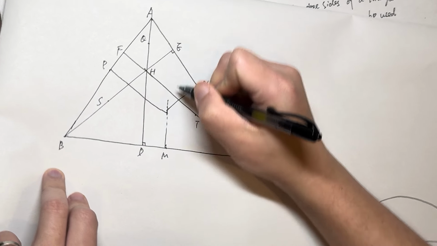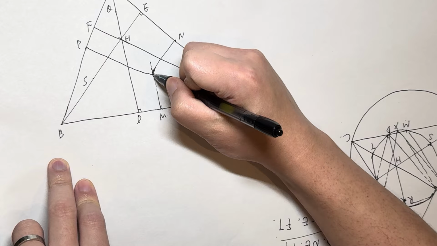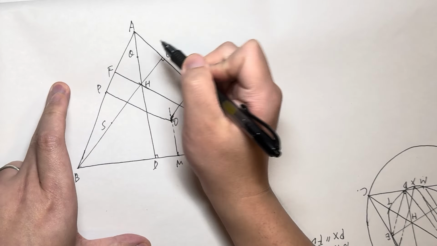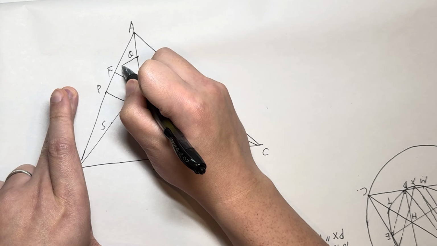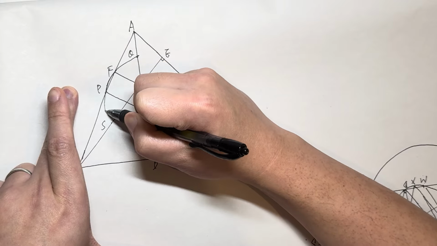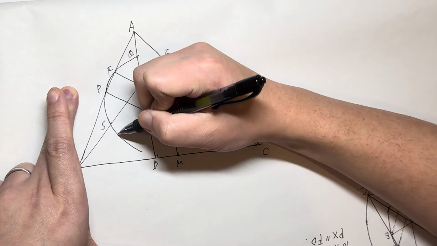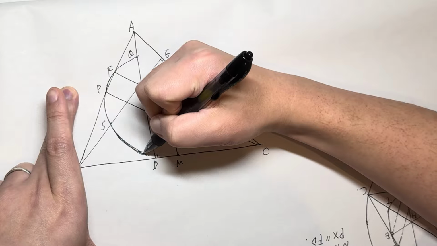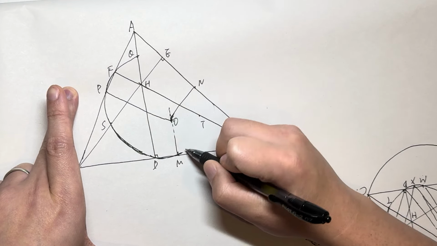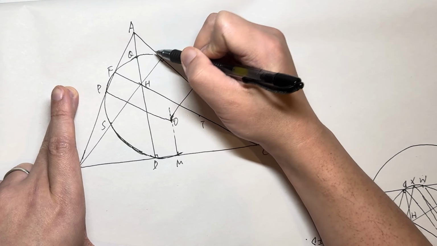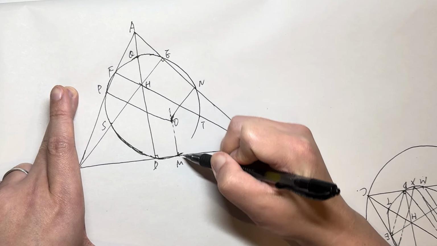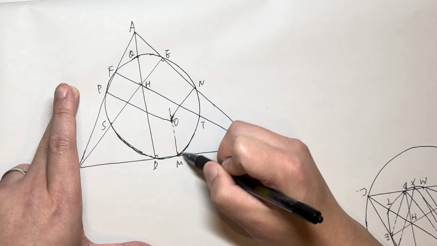Right. Okay. So this is a point O. And we want to find the... okay, that's our nine-point circle.